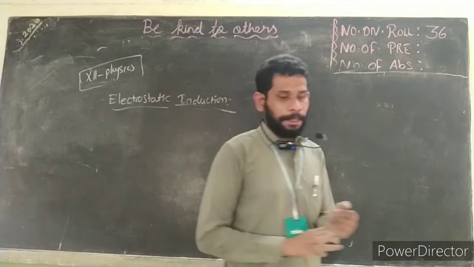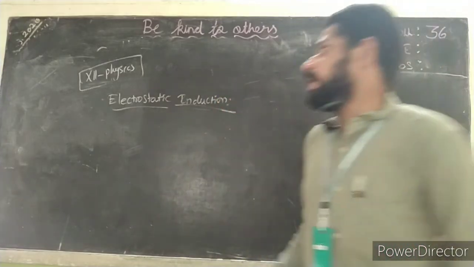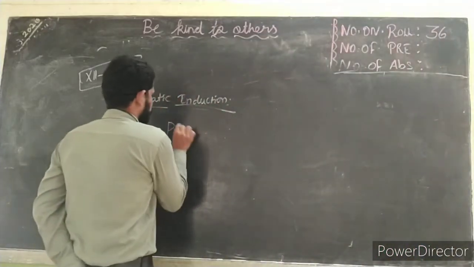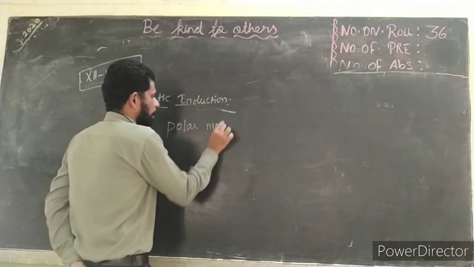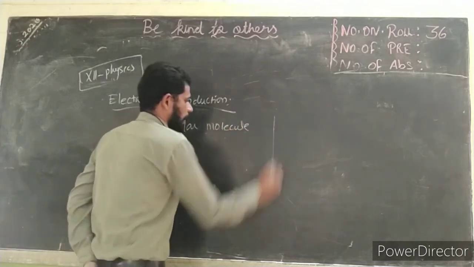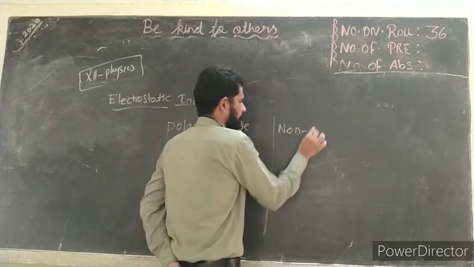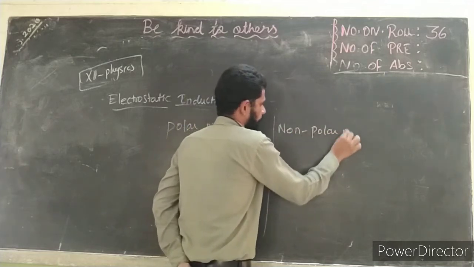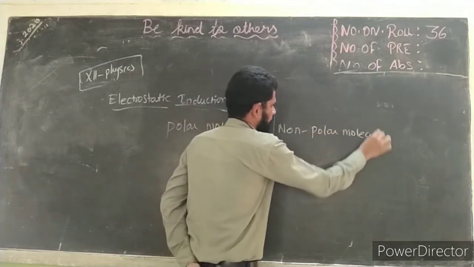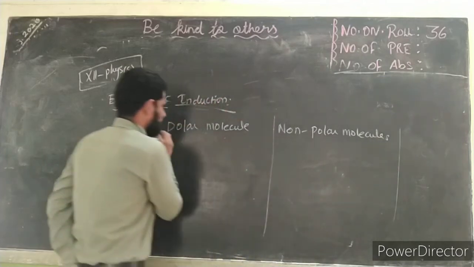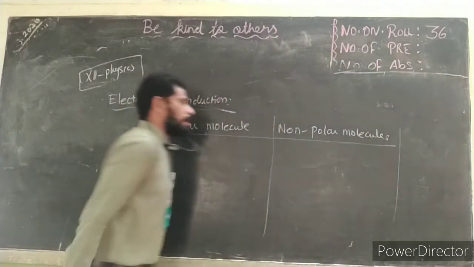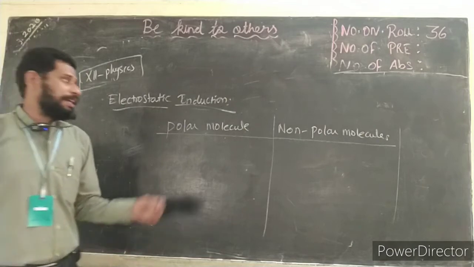Here there are two types: one is the polar molecule, and the other is the non-polar molecule.